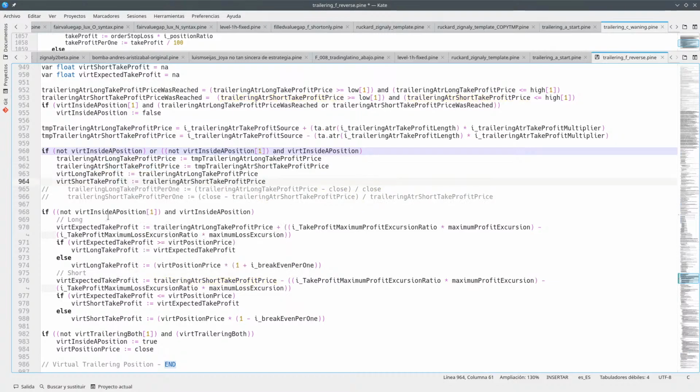Isn't it? So here you are not inside the position, and then you are, which is the same thing as here. And what you're going to do is override this with whatever was calculated plus excursion.